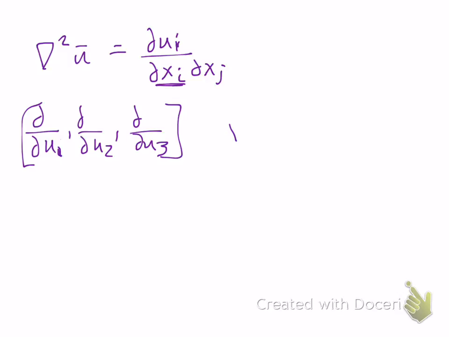I'm just trying to think if there's a better way to explain why you have the two i's there. The way I wrote it out was nabla dot product nabla u. Yeah, that's a good way to think of it.